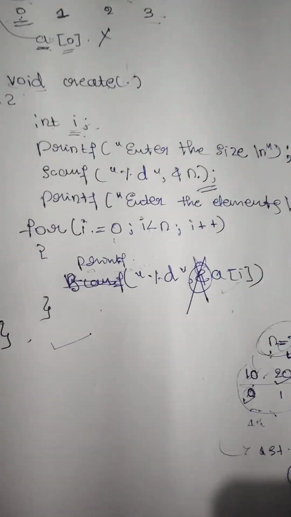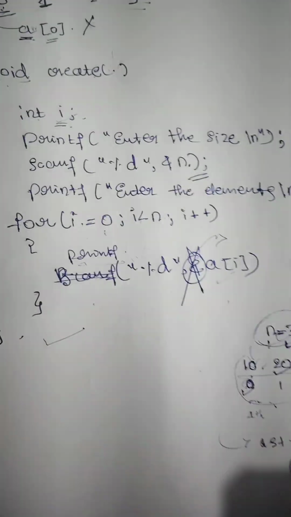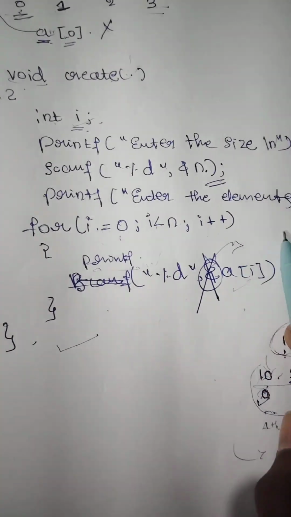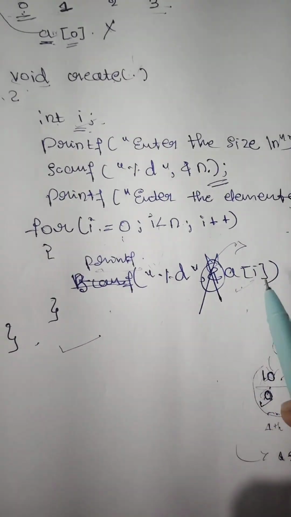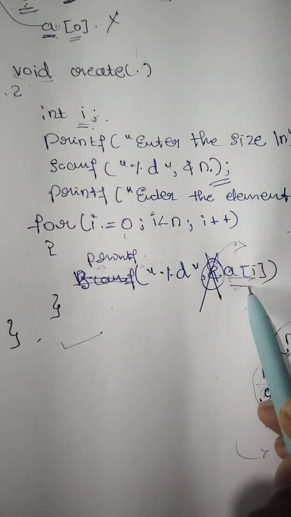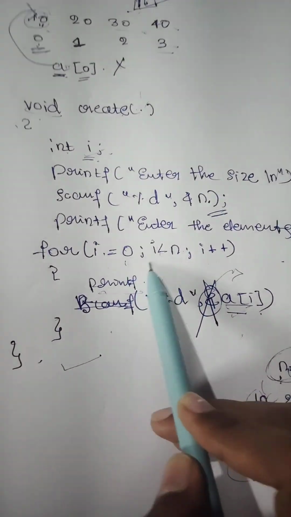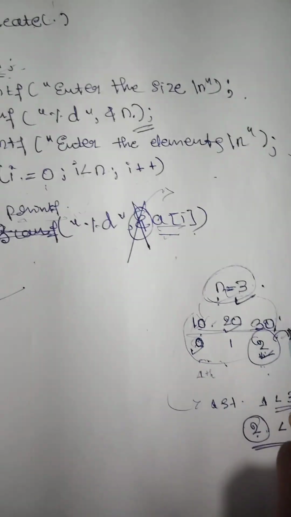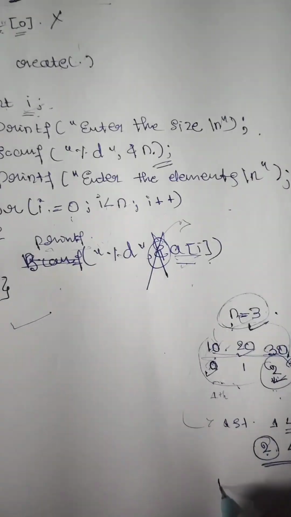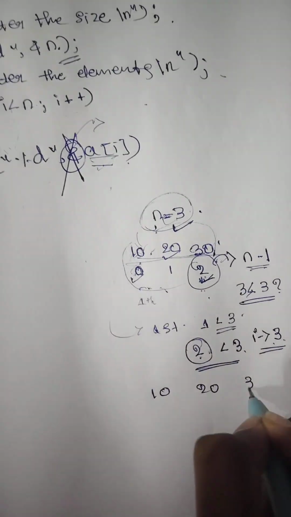And we all know that the ampersand operator is used for insertion of elements, right? So we are not inserting anything, that's why we are just using a of I. You can ask why this condition holds good for displaying also. It's because after inserting, you can see my array is 10, 20 and 30.